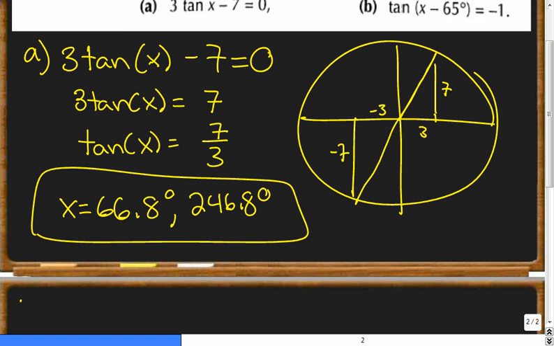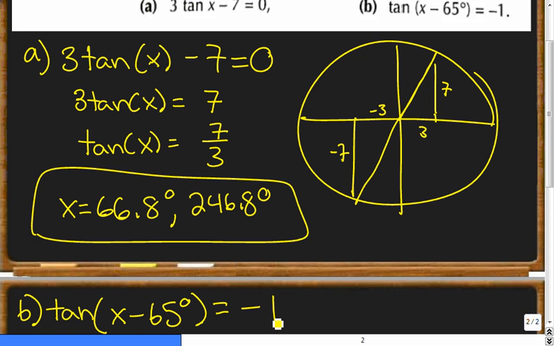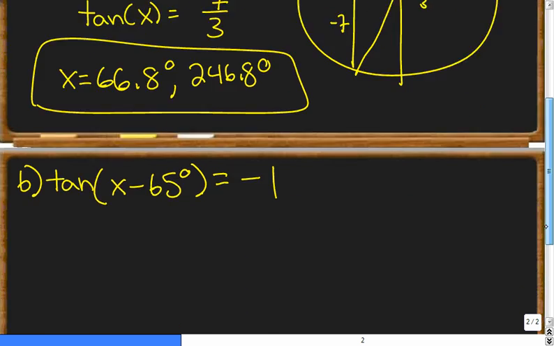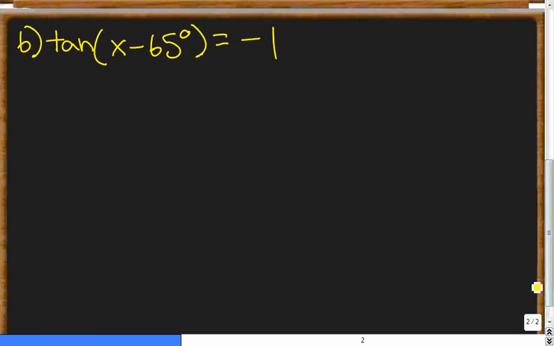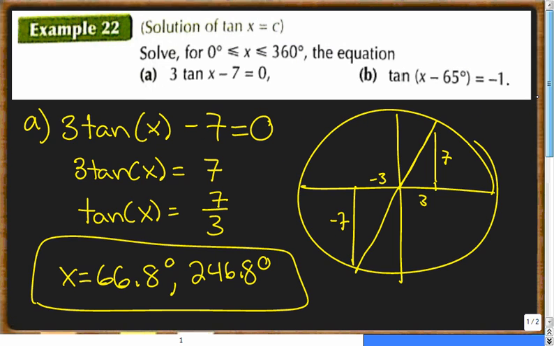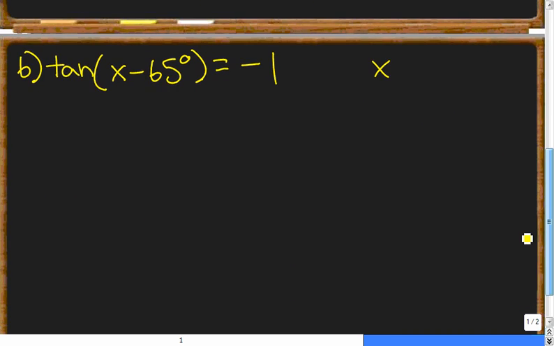So this is a little bit different because we now are altering the input that we have. So we get tangent of x minus 65 degrees equals -1. So this is a value that we can find on our unit circle if we want. Now remember, x has to be between 0 and 360 degrees.